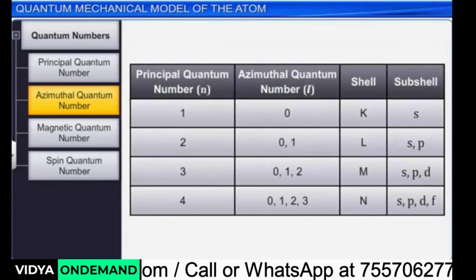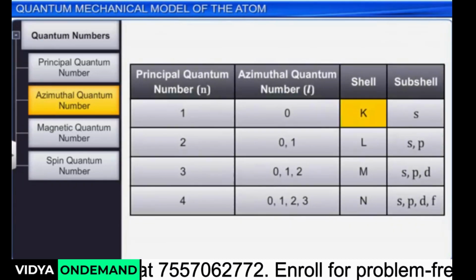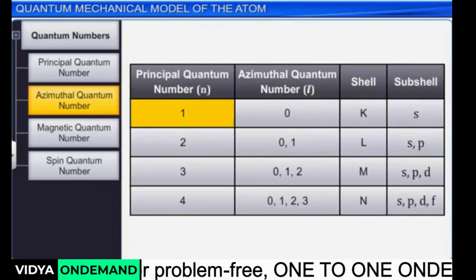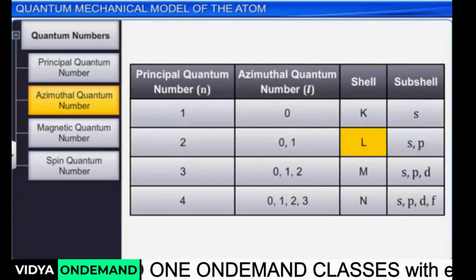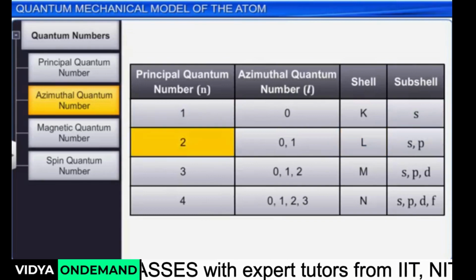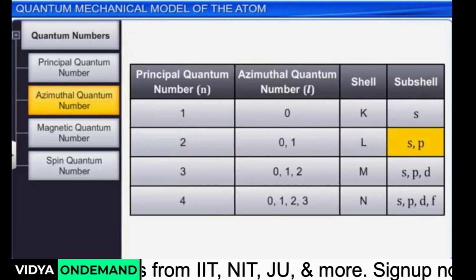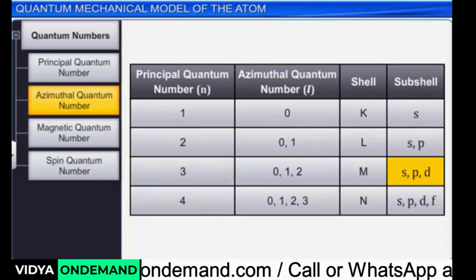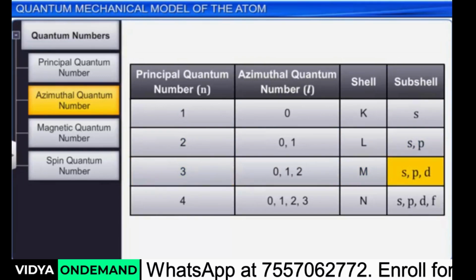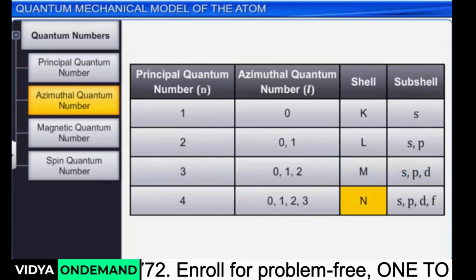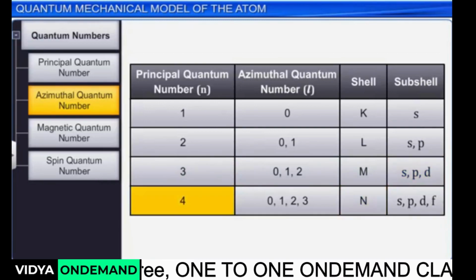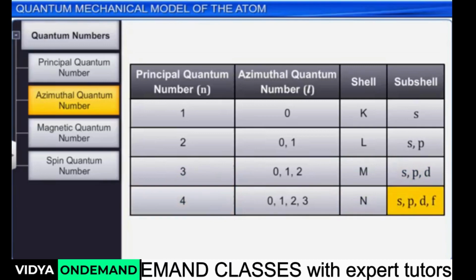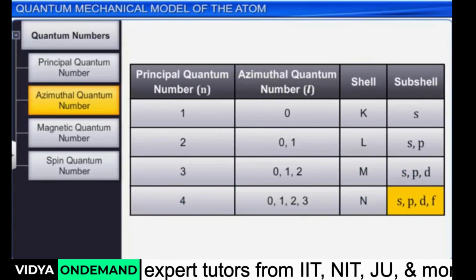Thus, the subshell in the K shell for n equal to 1 is s. In the L shell with n equal to 2 are s, p. In the M shell for n equal to 3 are s, p, d. In the N shell for n equal to 4 are s, p, d, f, and so on.